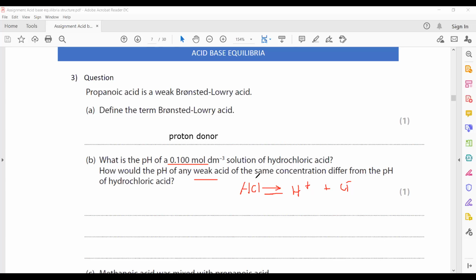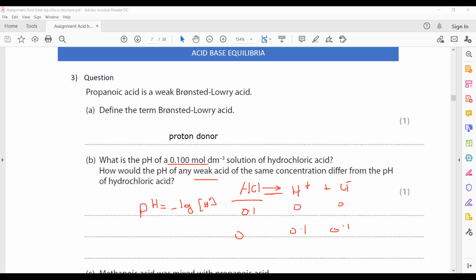So as it dissociates into H plus, the original concentration of the acid is the same as the final concentration of hydrogen ion. And from the hydrogen ion we can find the pH, which equals minus log of hydrogen ion concentration. So for 0.1 or 10 to the minus 1, the pH will be 1.